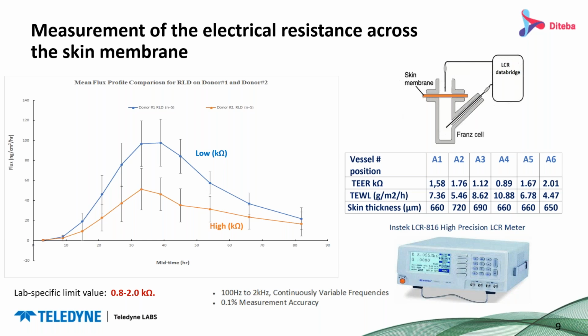Higher resistance values, more than 5 kilo ohm, may lead to low or unusable flux amounts. Setting a cutoff value is important because device, frequency, current, solution's ionic strength, and skin area influence resistance measurement. Therefore, a lab-specific limit is essential due to these factors.